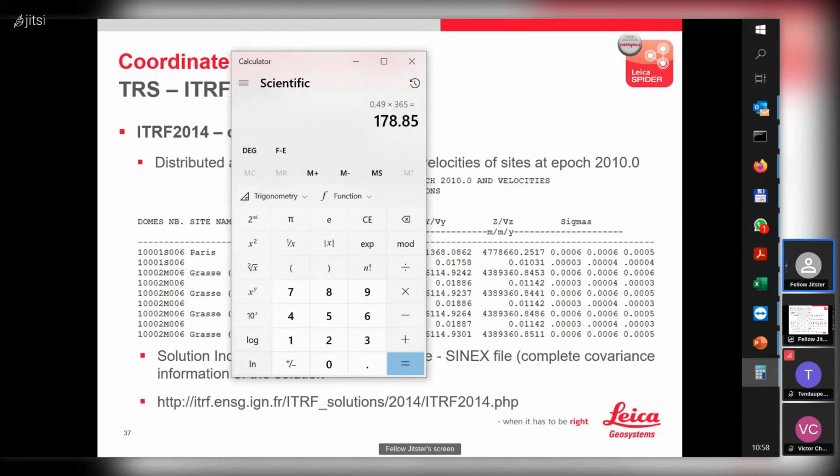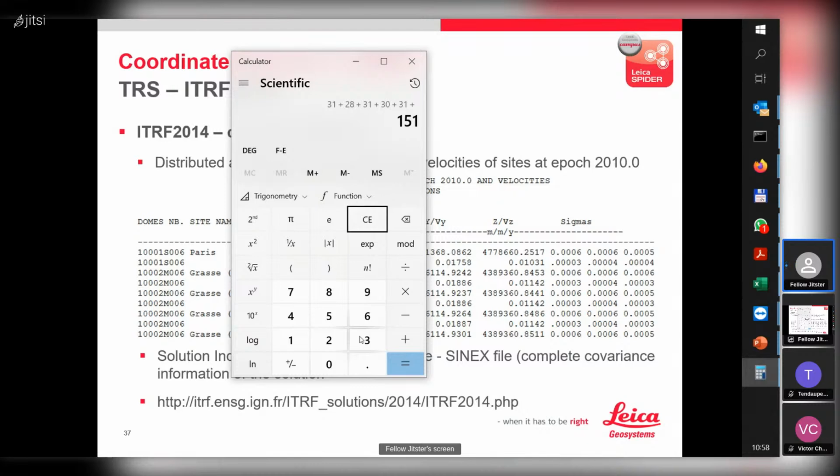So if we start with January: January has 31 days, plus February 28, plus 31 for March, plus April 30, plus May 31. We are at 151.